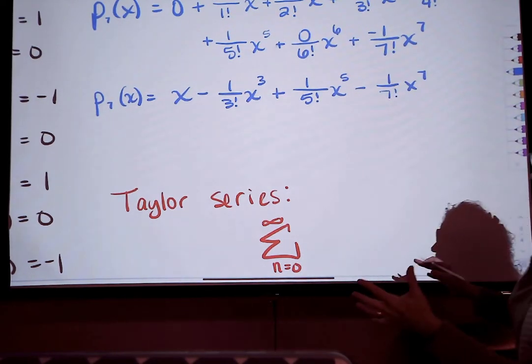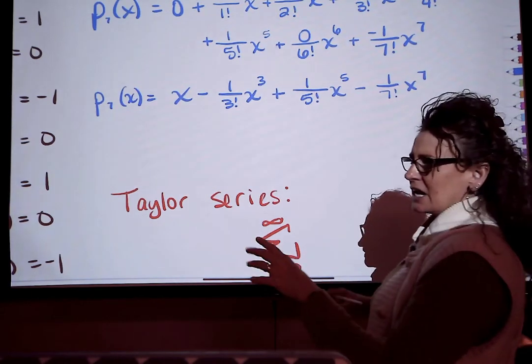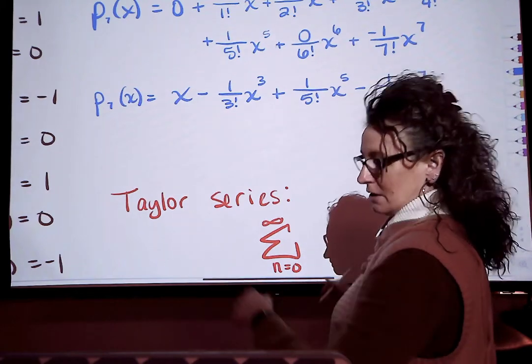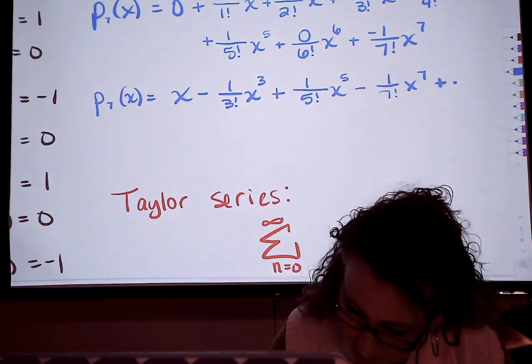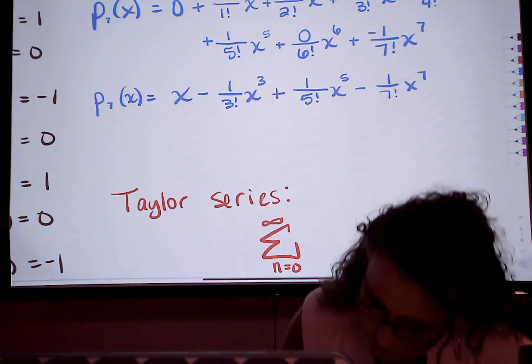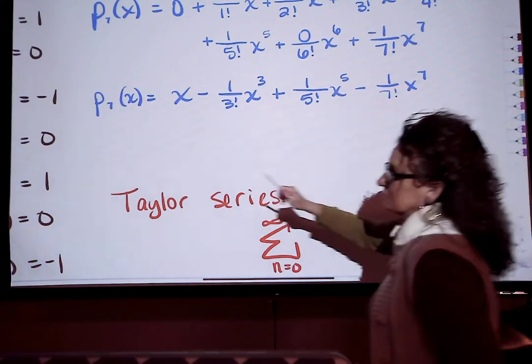and I'm going to stop it there because it told me to. If I wanted to say, hey, this represents sine perfectly, then I would have to say, you've got to keep it going. But it told me not to. It just said go to the seventh order. So that's my seventh order. See, I noted it.